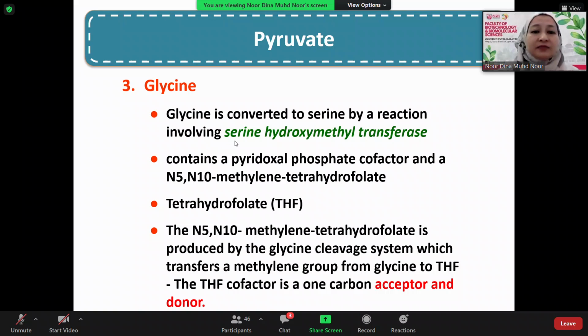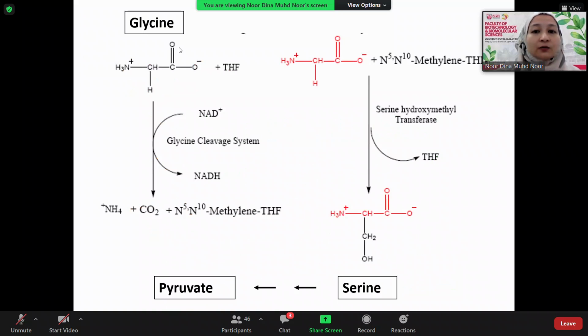From the glycine cleavage, in the presence of serine hydroxymethyltransferase, this will produce N5,N10-methylenetetrahydrofolate.